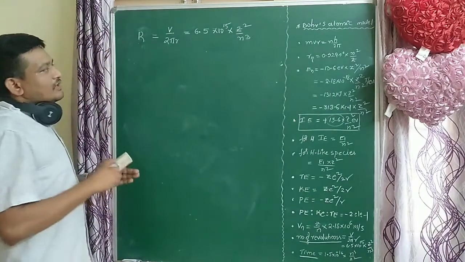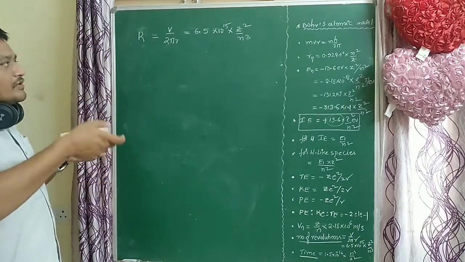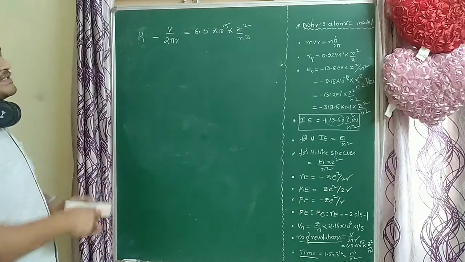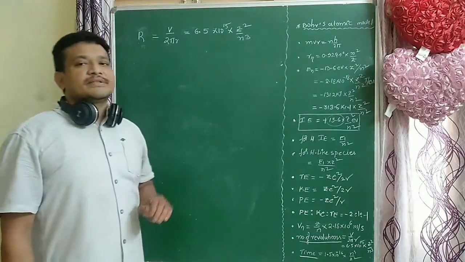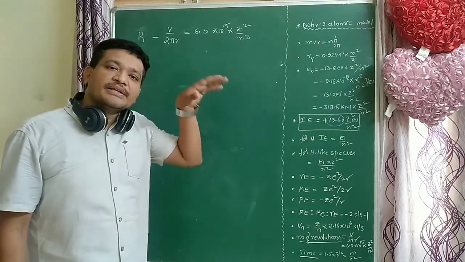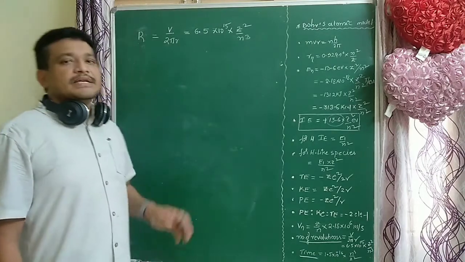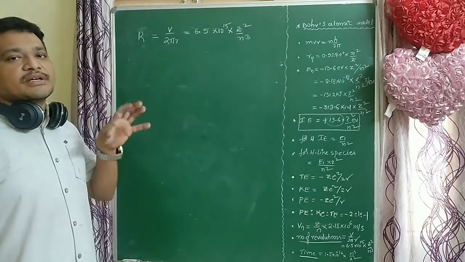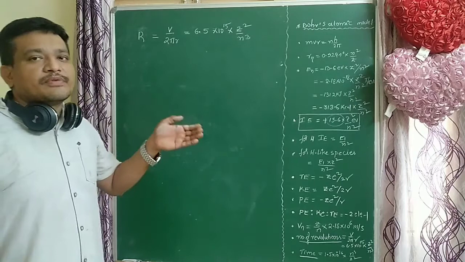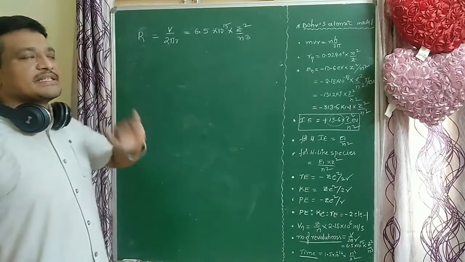As n value increases, number of revolutions per second decreases. As Z value increases for a particular orbit, number of revolutions per second increases.